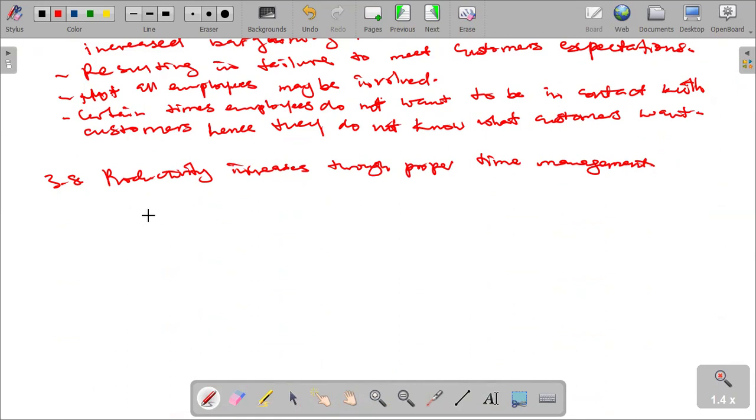We can also look at factors such as vision and mission, the goals of the business may be achieved.